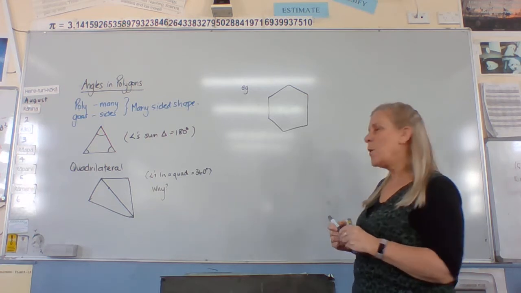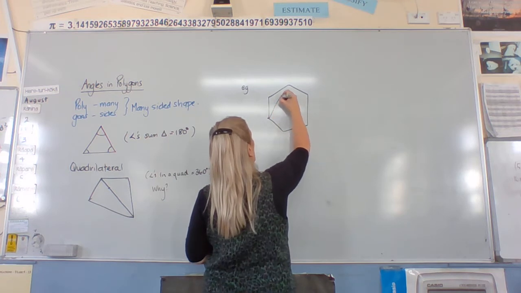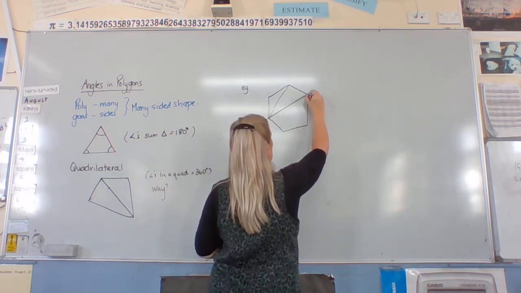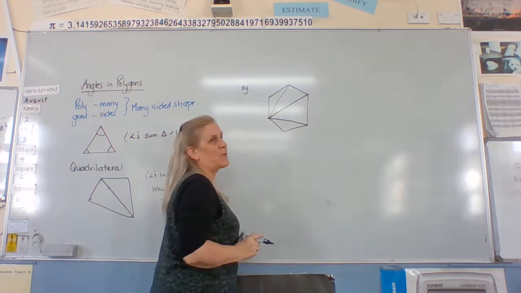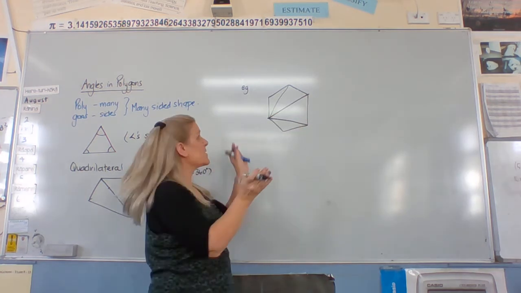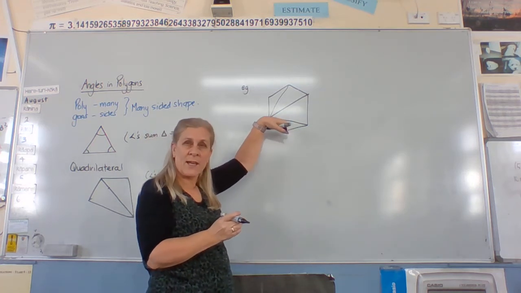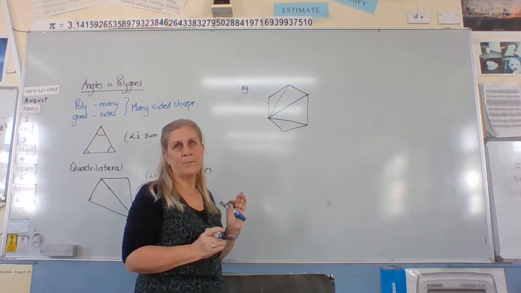So if we start at one point and make triangles from that one point, we've got 1 180. We've got 2 180s. We've got 3 180s. Right? So there's 4, we actually made 4 triangles, all of which equal 180.